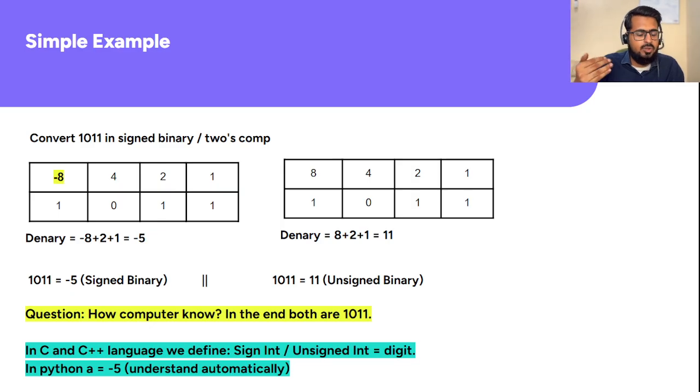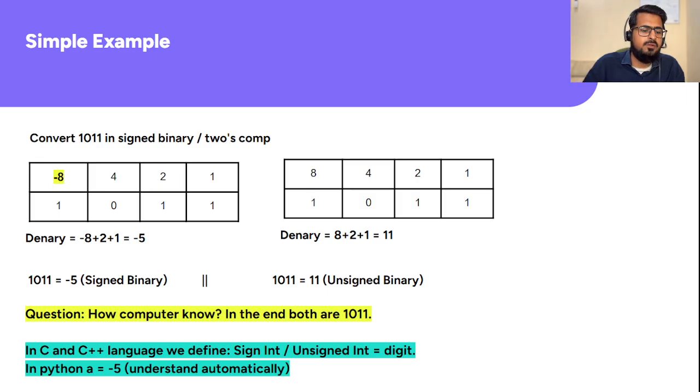So the computer understands the range for that integer. But in today's modern languages such as Python or Kotlin, and in your syllabus Java or Python, both languages don't need you to define signed or unsigned. They will know.